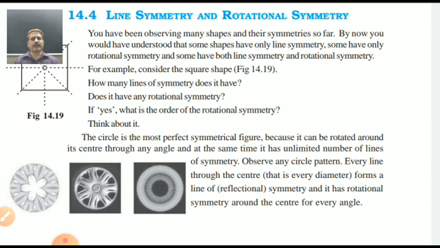Observe any circle pattern, every line through the center, which one? That is every diameter forms a line of reflectional symmetry, and it has rotational symmetry also around the center for every angle.